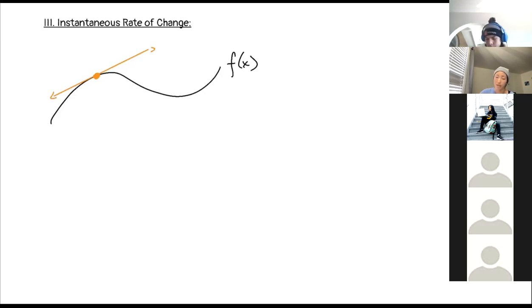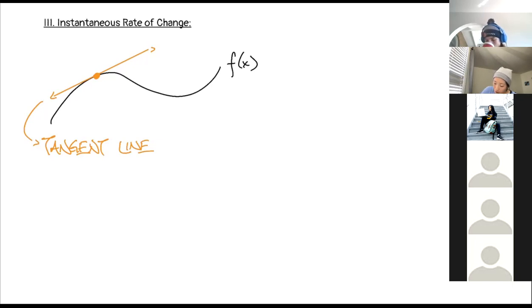And this line is called a tangent line. We used that word earlier, but a tangent line is just a line that touches a curve in one place. That's different from the secant line, which crosses it in 2 places. So secant is 2 places, but tangent is just 1.